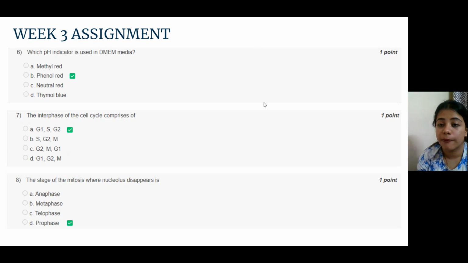If you have carefully looked at the fourth lecture of this week, which talked about the cell cycle and the details of each of these phases, there are some characteristic features.